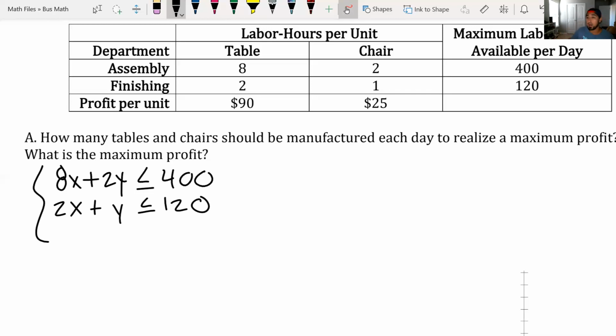So we add our non-negative restrictions. There we go. Okay. And then, what is the objective function?